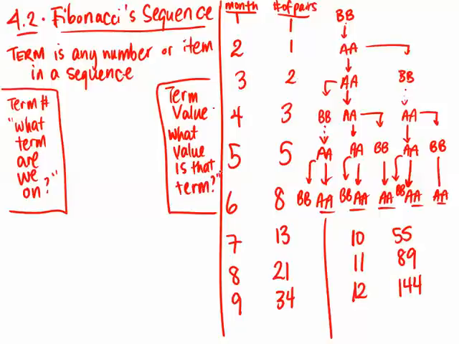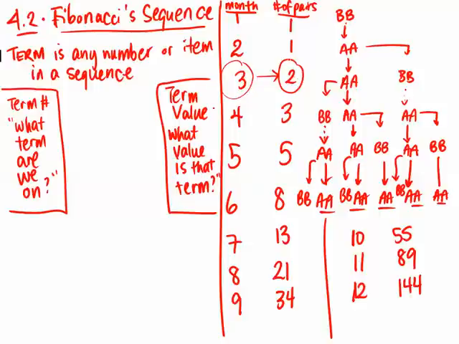So for example, the term number for the month number 3, for the 3rd month, how many pairs of rabbits do we have, and we have 2 total pairs of rabbits, which means we decide the month we're going to look at. So we decide the 3rd month. That is the term number. We've decided the 3rd month.